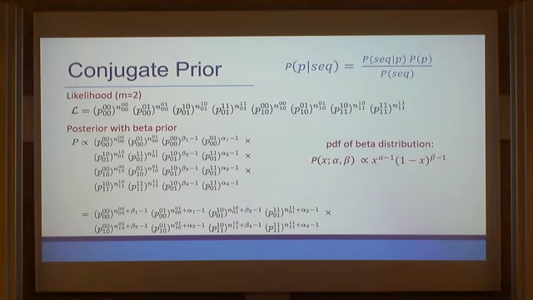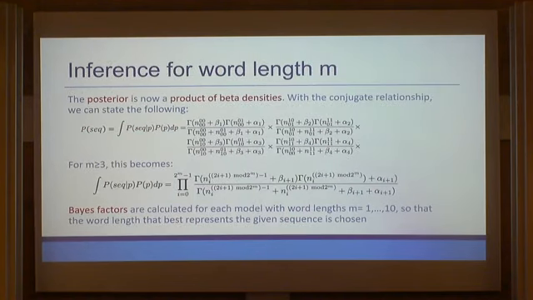And to estimate the word length, we're actually going to be using Bayes factors. And that uses the model evidence here. Because we can generate this Bayes factor for lots of different word lengths, we can calculate the model for each word length and compare them against each other to choose the word length that best represents the sequence.